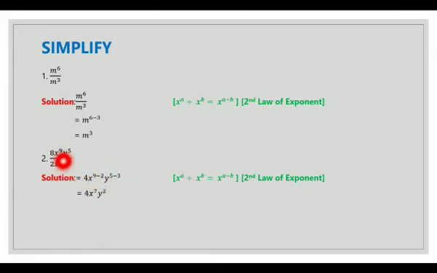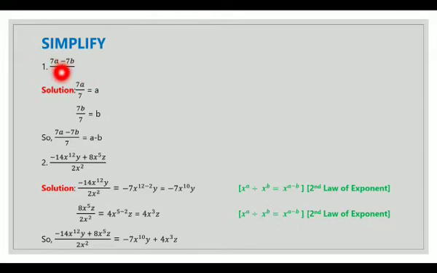Similarly for y raised to 5 divided by y raised to 3, which comes to be y raised to 5 minus 3. So 4 x raised to 7, y square. So the answer comes to be 4x raised to 7 y square.